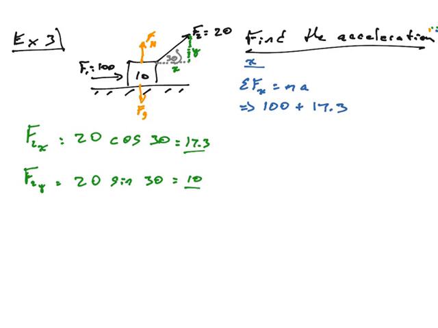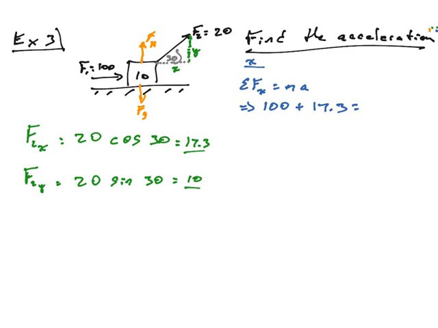What about this 10, F2y? How do I plug the 10 in? I don't care about the 10. The 10 component of F2 is in the y direction. I don't care about any y forces. All I want are the x forces. So this is it. These are all the forces in the x direction here.